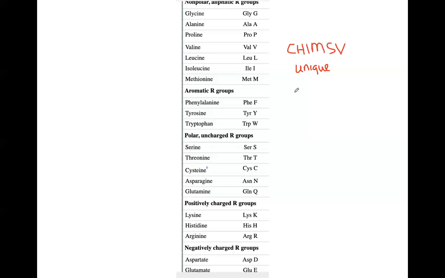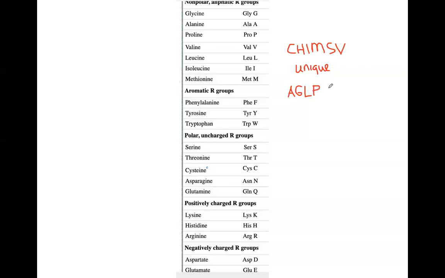So this will be A, alanine. This will be G, glycine. L, leucine. P, proline.